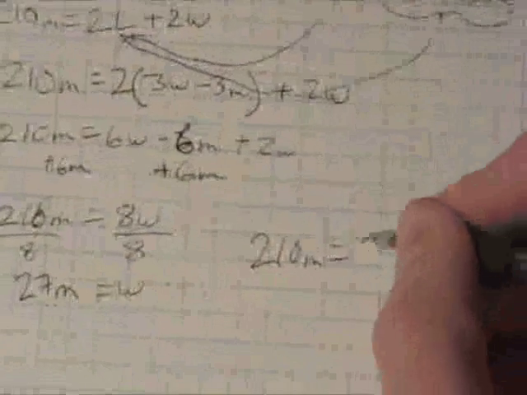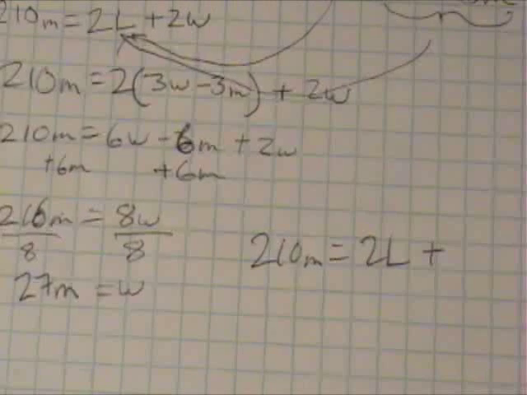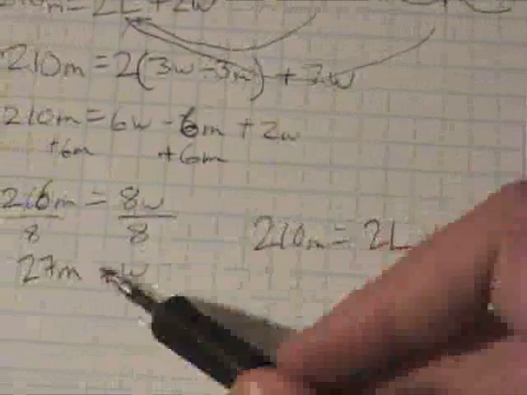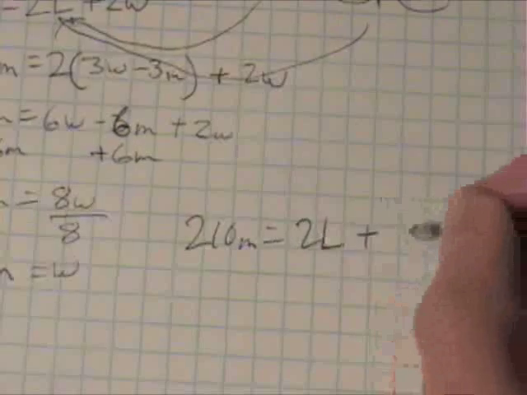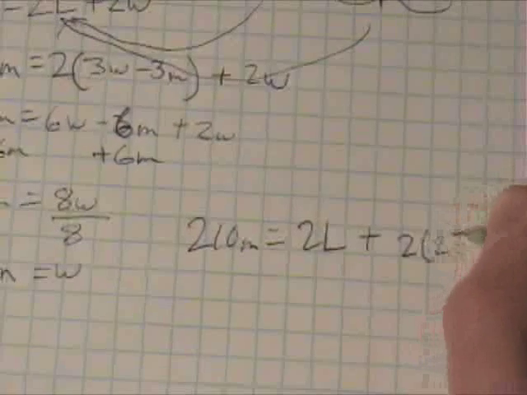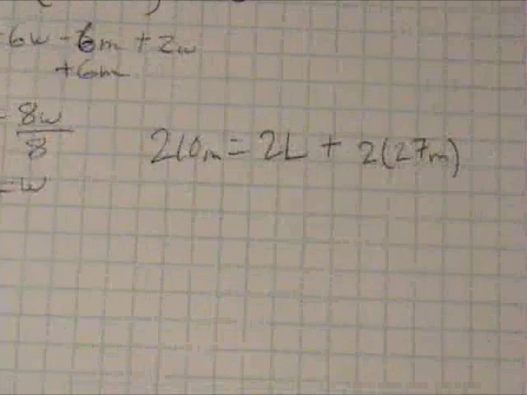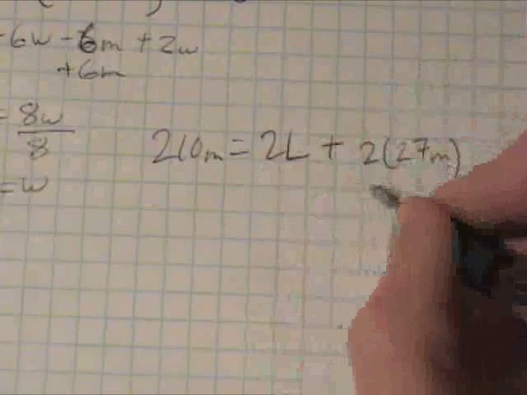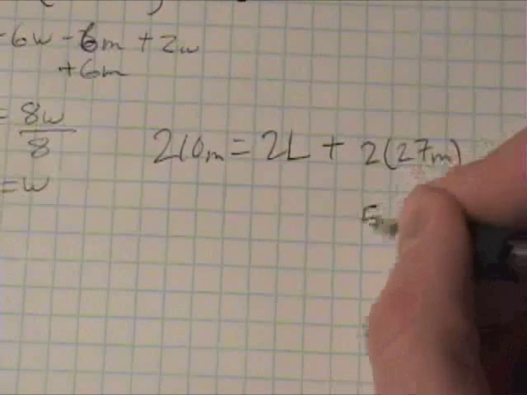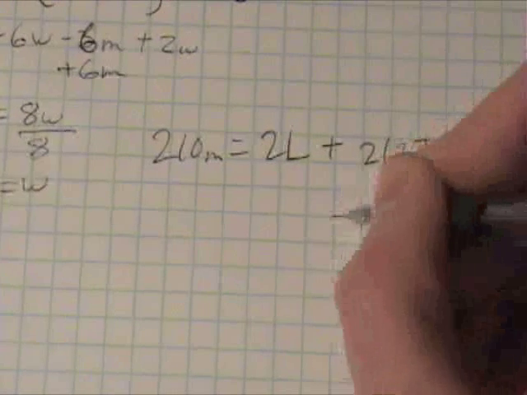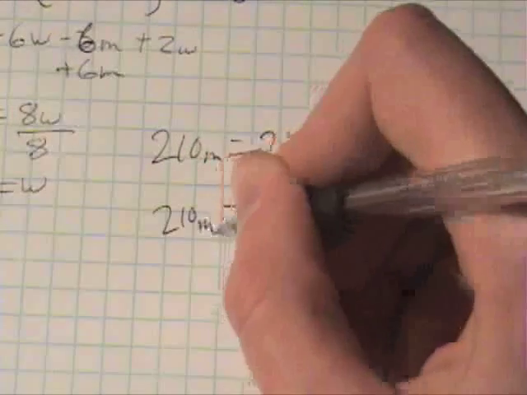2L plus, and it's not 2W now because we know what W is in terms of meters. So let's do 2 times 27 meters. Now let's resolve this. This should come out to 54 meters. We still got the 2L and the 210 over here.